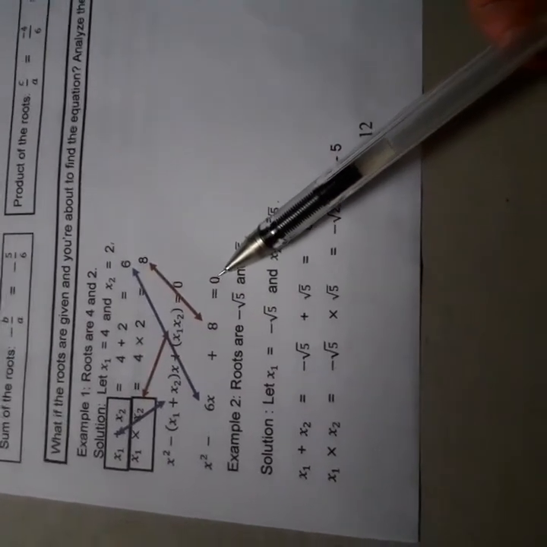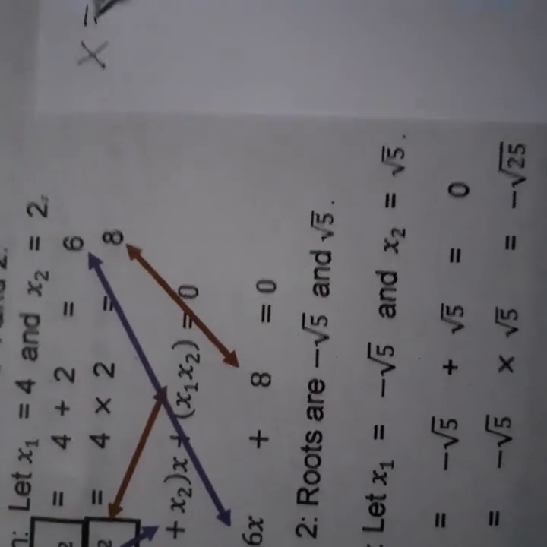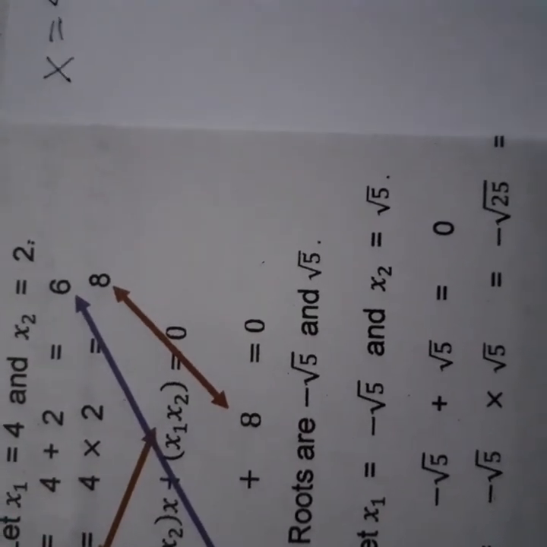But there are other processes to find the equation given the roots. Okay, example, we have that one. Let's try to solve if we could get the same equation. Example, we have the roots are 4 and 2.